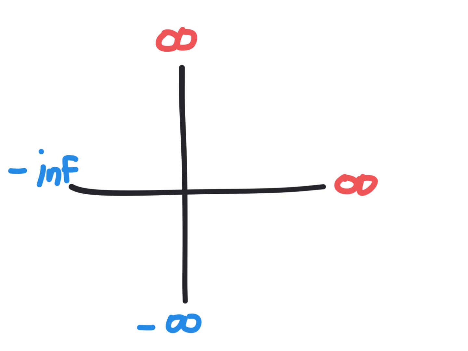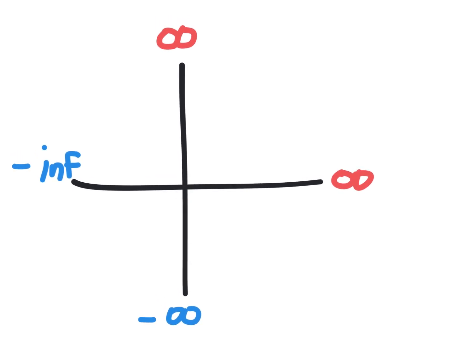All right, so I'll just leave these up here. What if I flip the U shape upside down? Will that change things? It'll change some things, but not other things.